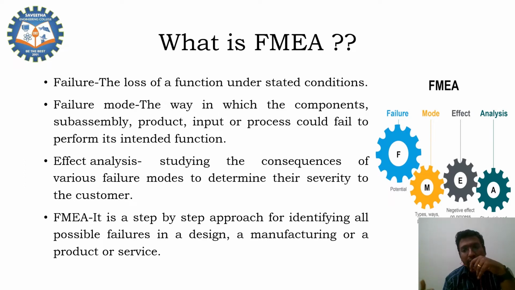For example, if you are traveling at a speed of 100 kilometers per hour and face an accident, how will the car behave? What all things will fail? They test this before the car is shipped to the customer. That is testing the car based on what can happen in the future. That is called failure mode and effect analysis.